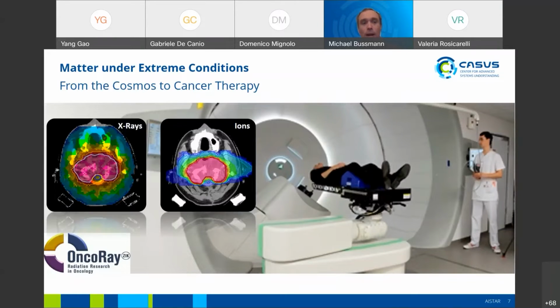But X-rays usually can also harm the surrounding tissue, while at the same time, using [particles] that they are made of, we can actually focus the damaging radiation really to the tumor and not harm the surrounding tissue.